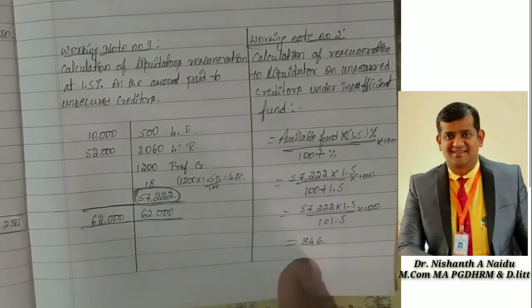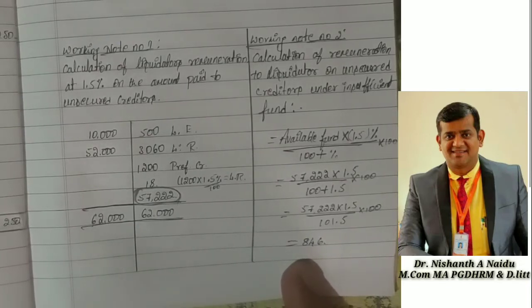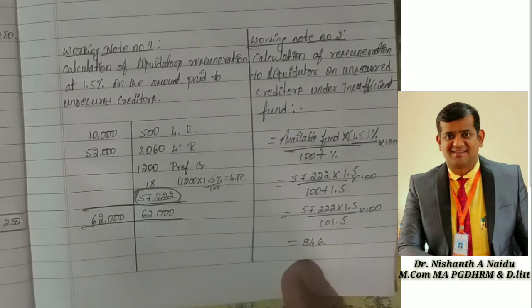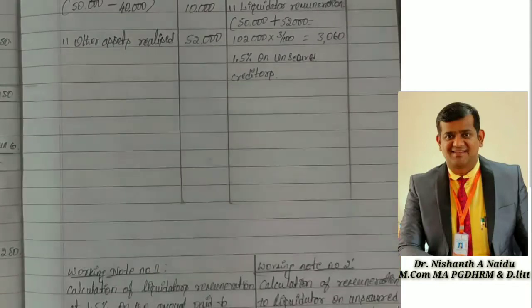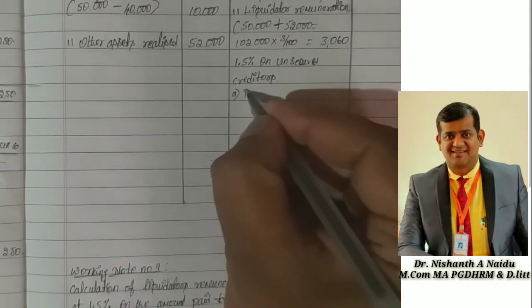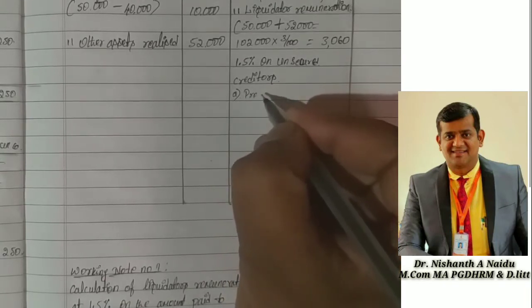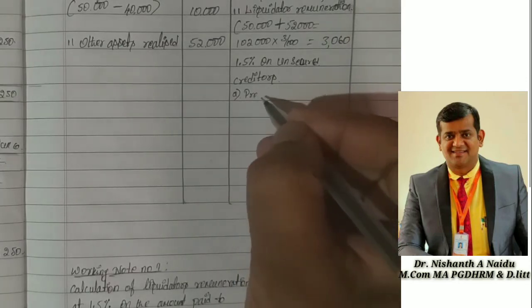Okay, so now 1.5% on unsecured creditors we have done. Under that, what are we supposed to write? Write point A, preference share, so that is on preferential creditors, right?